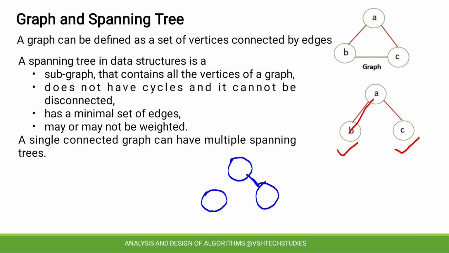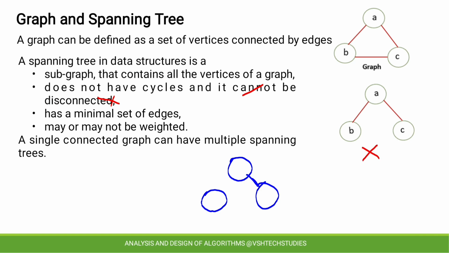Through that edge we can move. Then through this edge, that is AC, we can reach C. So this is how through these two edges B is connected to C. So all the vertices are connected. So a spanning tree subgraph will always be connected. It cannot be disconnected.